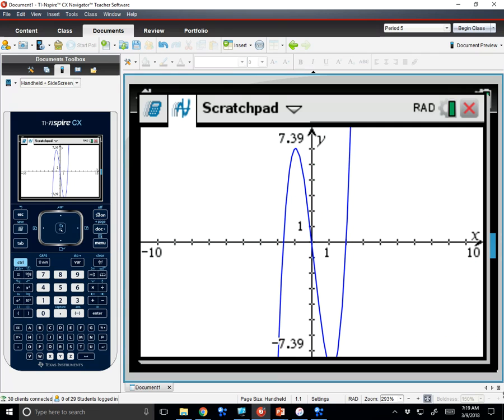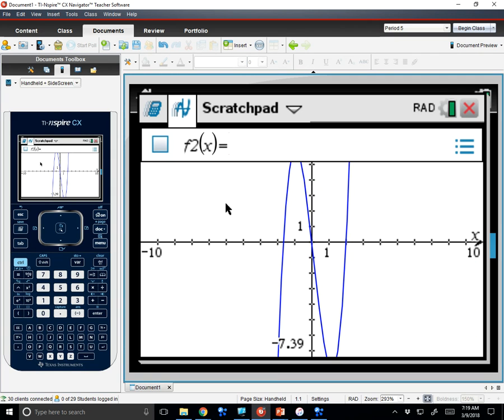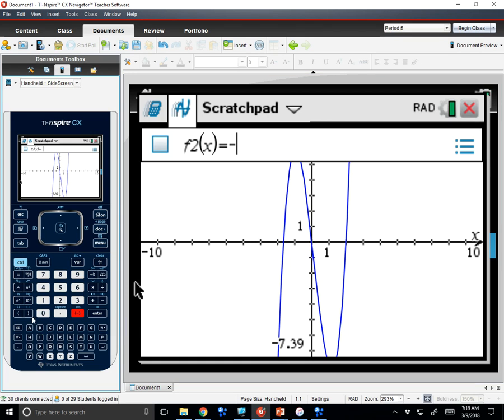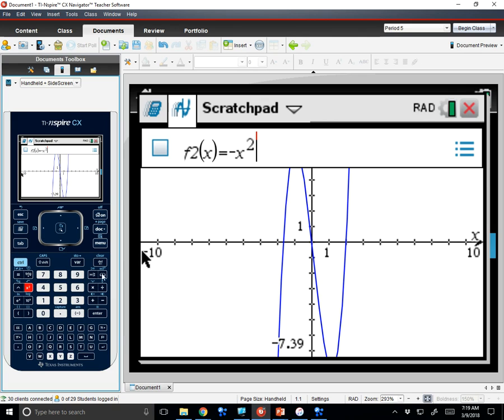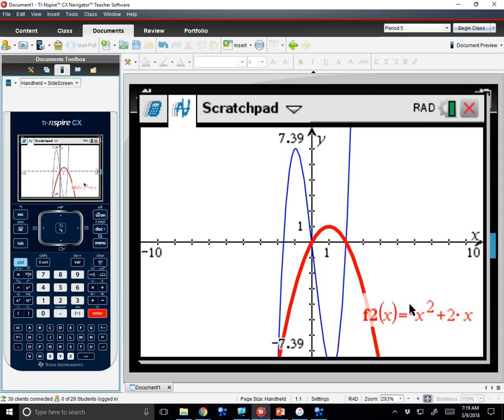Alright, that's the cubed one, and then once you're done with that one, let's put in the squared one. So negative x squared plus 2x. I'll show you some tricks here, especially the next one. Tips and tricks today.